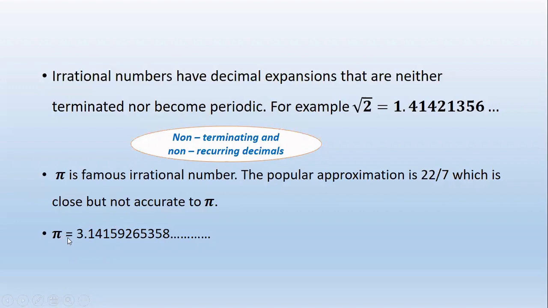The value of pi in decimal form is 3.14159265358 and so on. Here also we observe that after the decimal point, digits do not end and are not repeated following a certain pattern. So pi is called an irrational number.